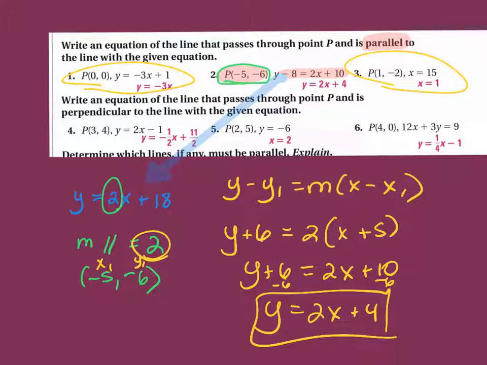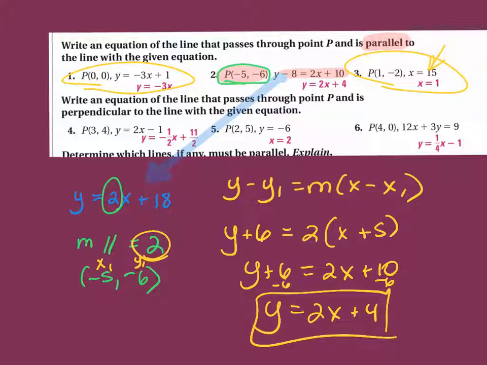You need the slopes of those lines, and then you plug in the slope and the point. So what's different about 3? What is x equals 15? What kind of line is that? A vertical line. Thank you, Kelly.